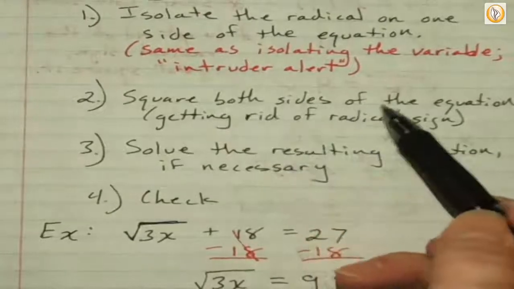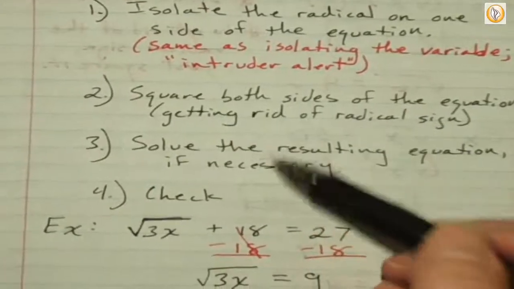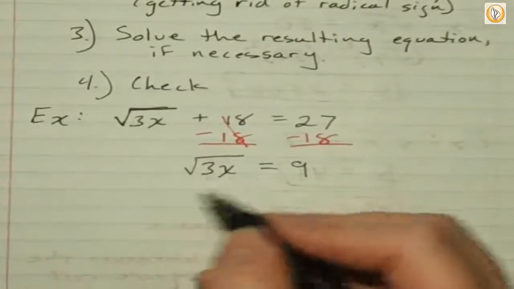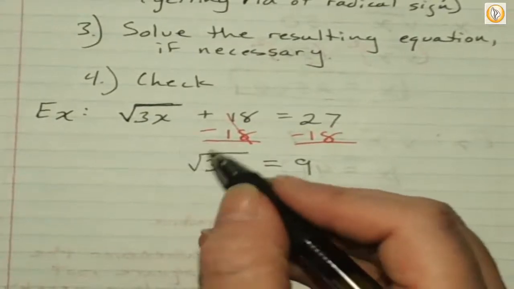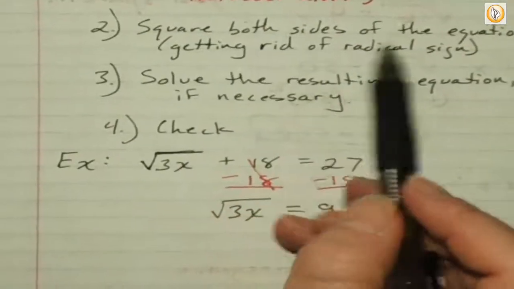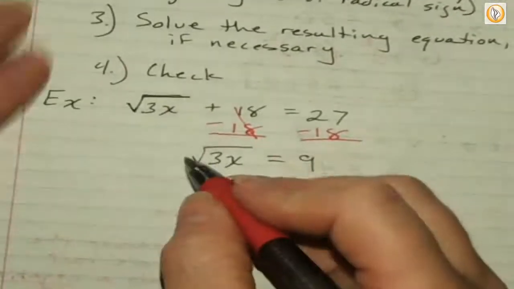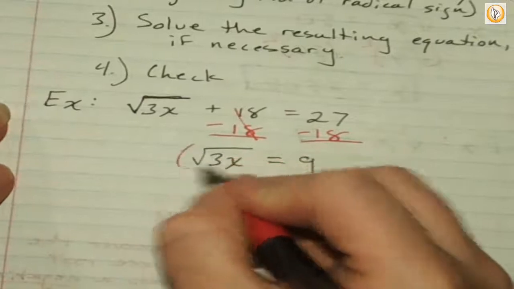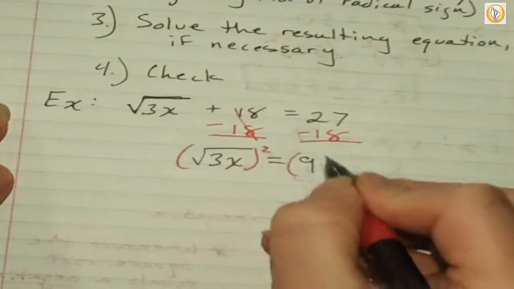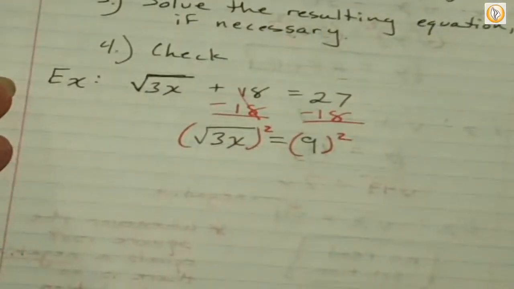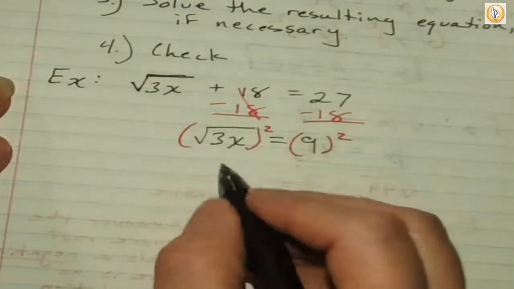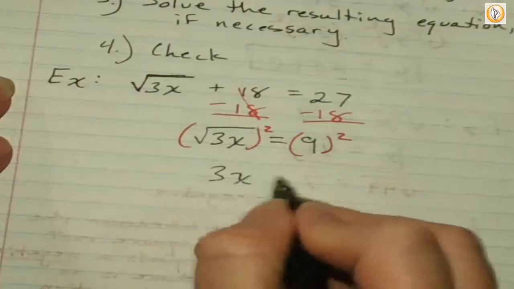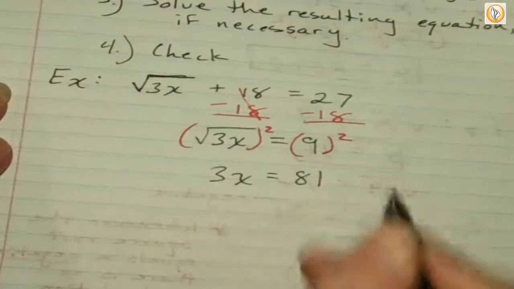Okay, so here's the thing. Step 2, square both sides of the equation because we've gotten rid of everything over here but the radical. So now we've got to get rid of the radical sign, and we do that by squaring both sides. Once you square this, you're left with 3x equals 81.